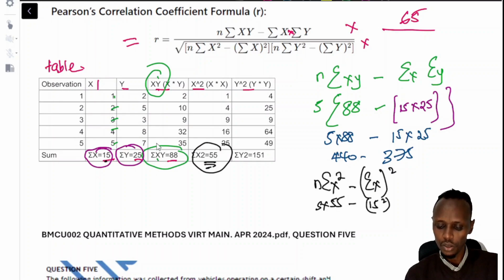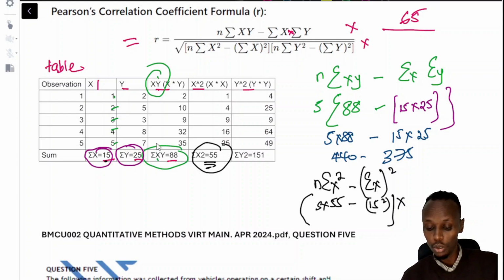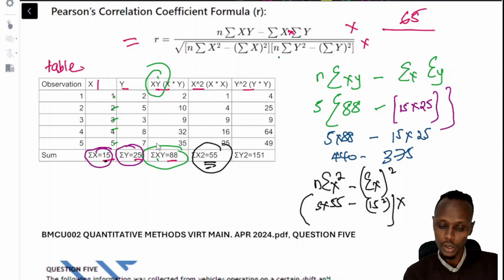And then, I will use another color. I will use blue. Here we are repeating what we have done with x, but for y. So y squared is here.